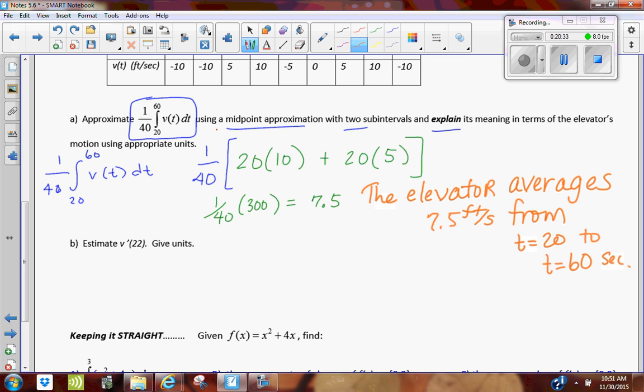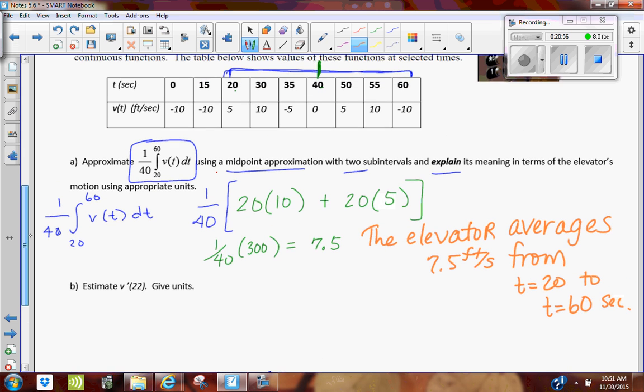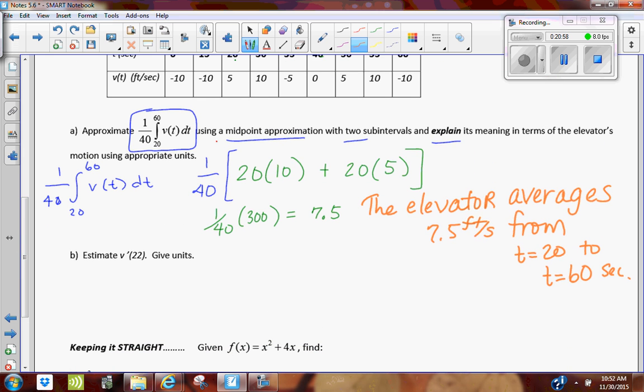I mean, it knows it's an approximation. If you don't write the units right here, what I have in green, then as long as you put them in your answer, your reason, or vice versa, that's fine. You could. That's okay.